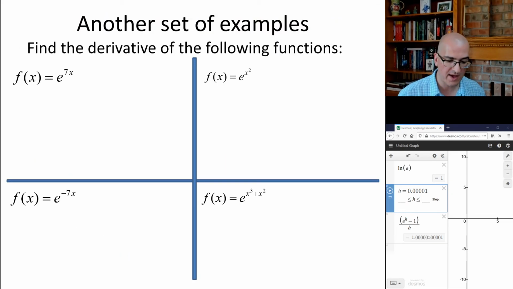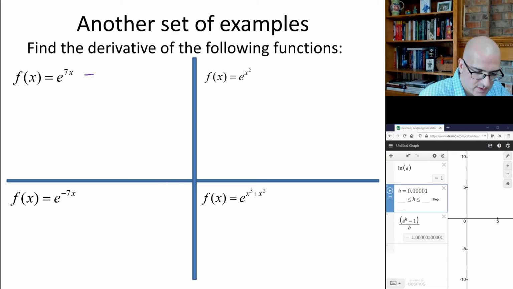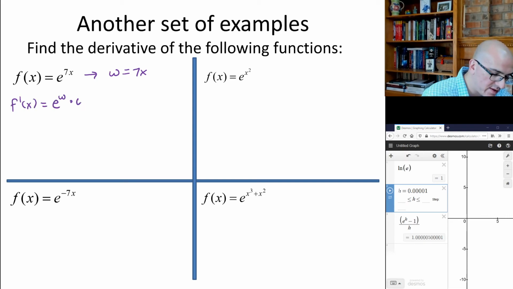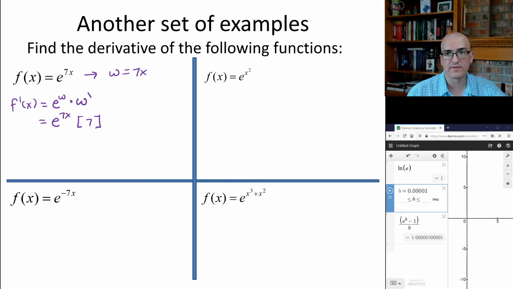So let's apply that to these examples. The first one, we have w equals 7x. When we take the derivative of e to the w, we're going to have e to the w times w prime, which will be e to the 7x multiplied by 7, the derivative of 7x.